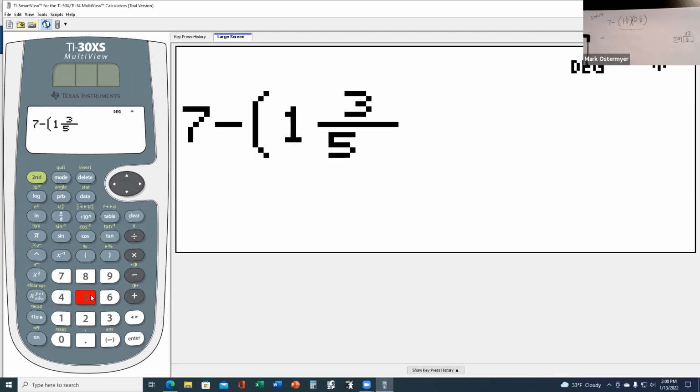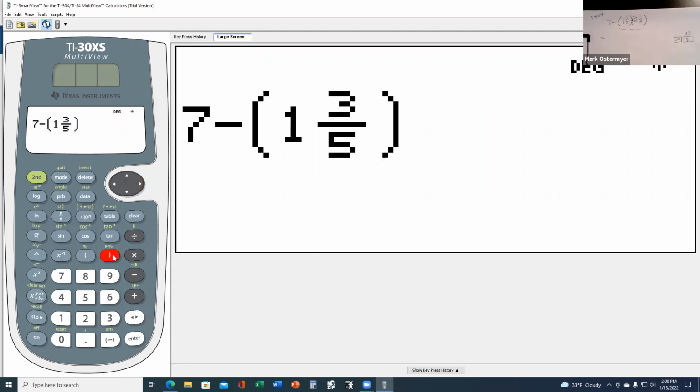How do I bring my cursor back up to level? What do you think? Because right now it's in the denominator. Hit my right arrow key, and notice my cursor is right back up to level.